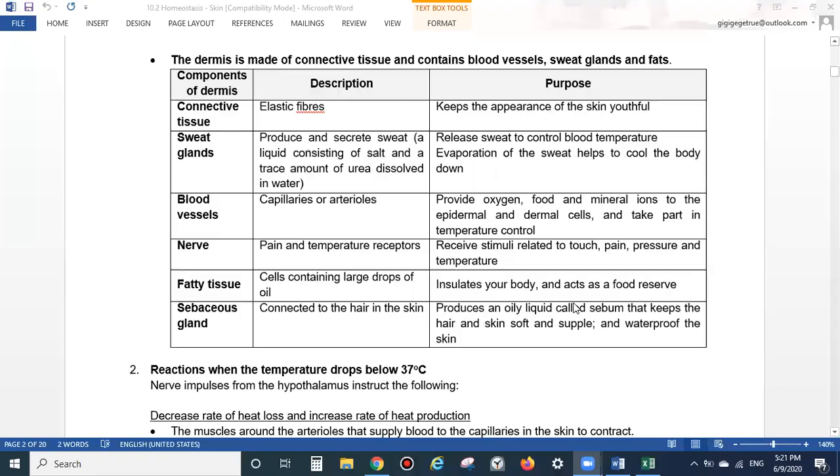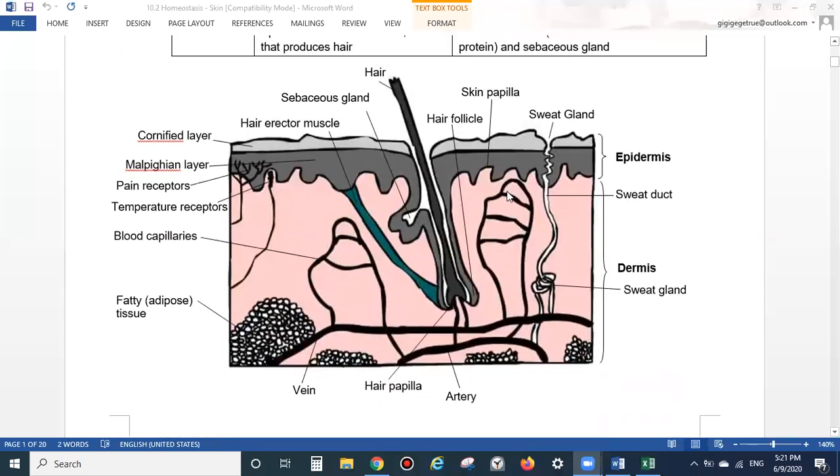So you can imagine it as over here, there is less blood flowing through here. Blood carries heat. So when there's less blood flowing below the skin, there's less heat loss through radiation to the outer region. So that is how you conserve heat loss.